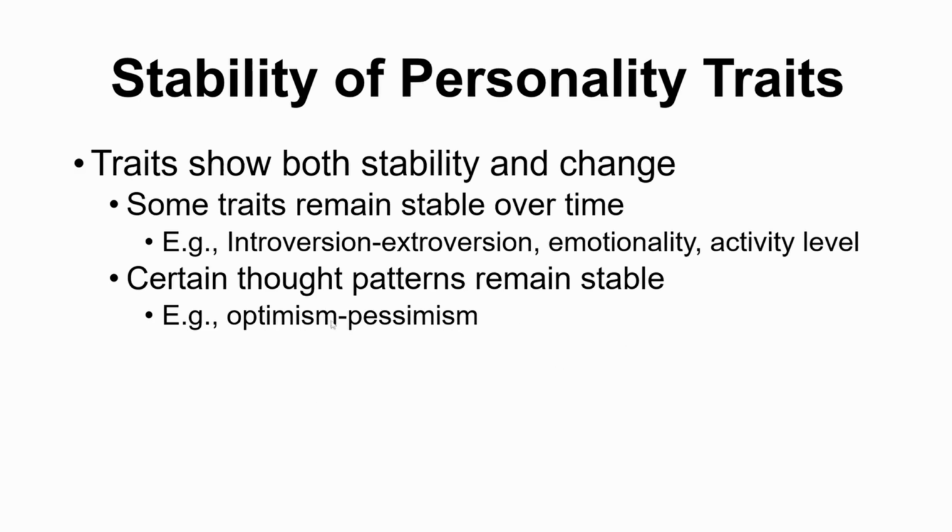So, say optimism versus pessimism. If you, say, encounter a whole bunch of really negative events, that can lead to more negative thought patterns, which would shift your score on this continuum. You could become more pessimistic over time due to experience that influences your internal thought patterns, that then changes those long-term behaviors, reactions to new situations. Or you can go the other way around.